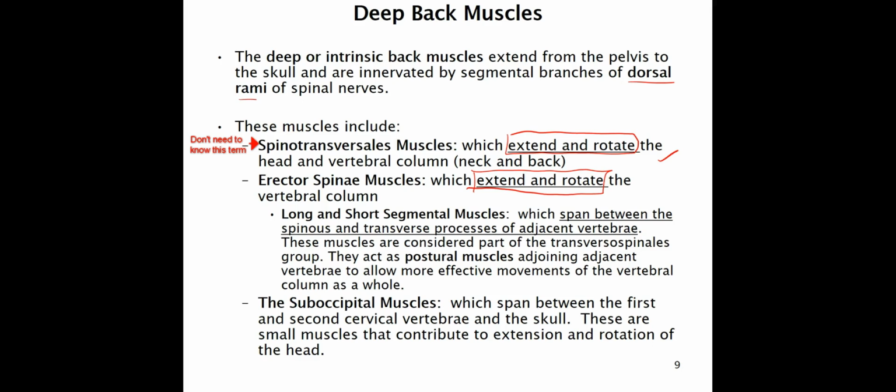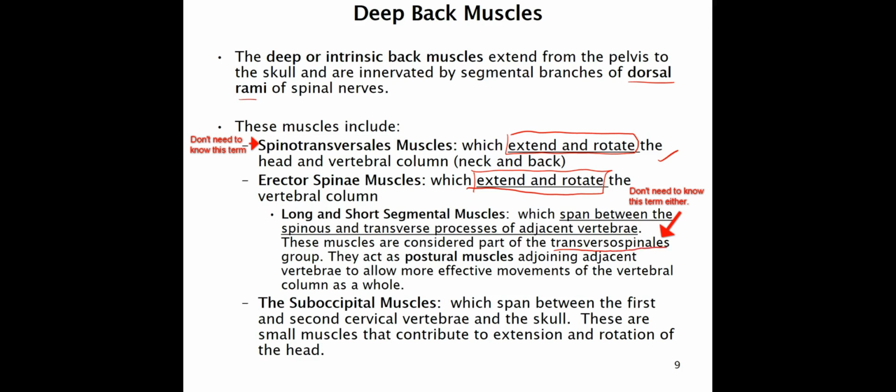Muscles deep to those help to fine-tune the small movements of the vertebral column. Let's say you just want to rotate a little bit, you're oscillating back and forth in a small degree of motion. You're going to use the short segmental muscles.